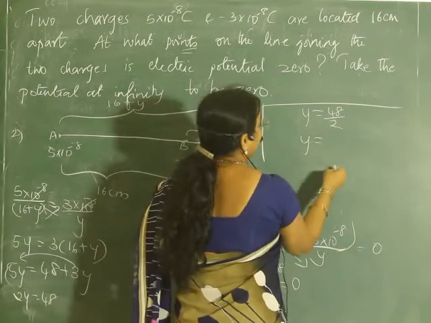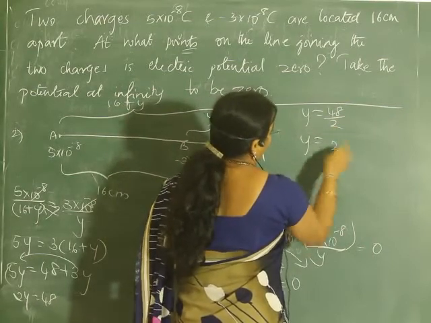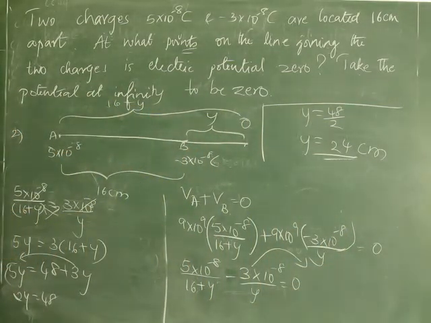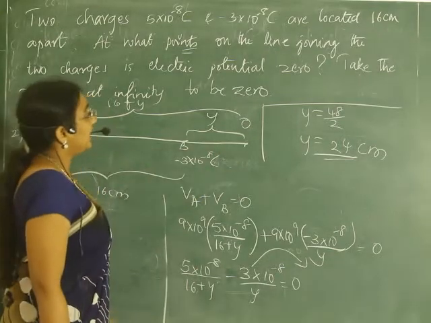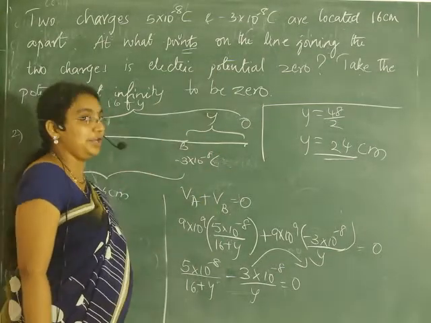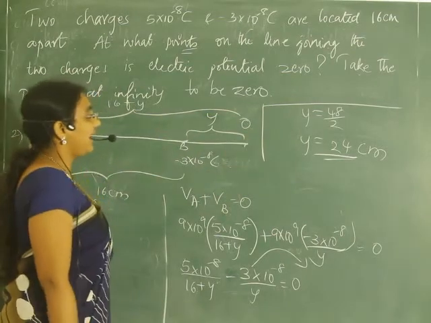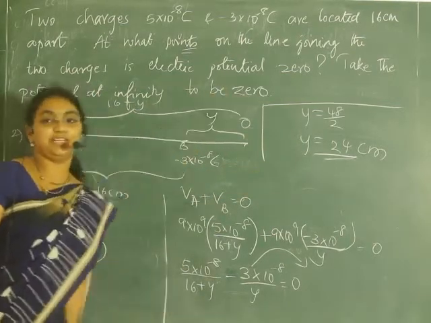Y is equal to 24 centimeter. So at 24 centimeter from B, the electric potential is 0. Or at a distance 16 plus 24, if you add, at that distance electric potential is 0.